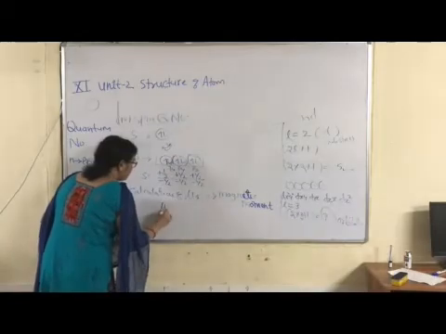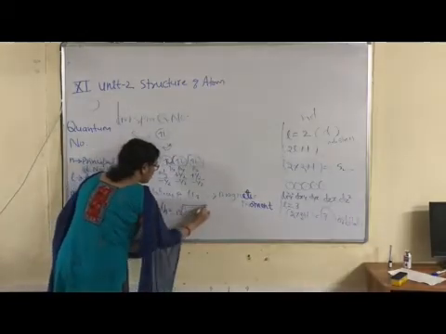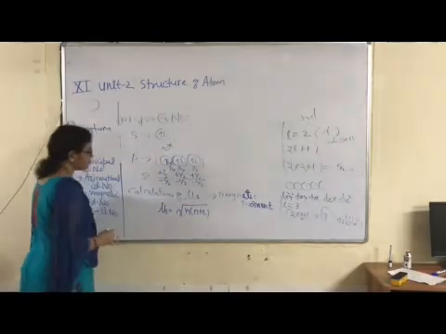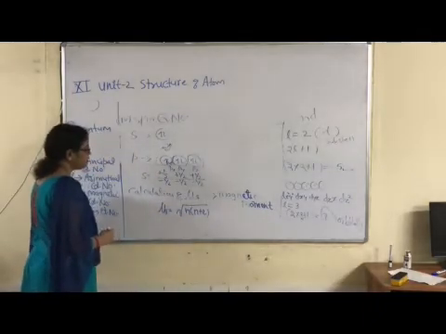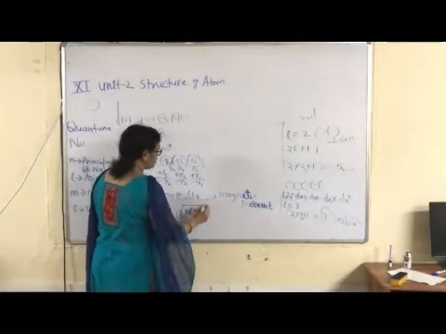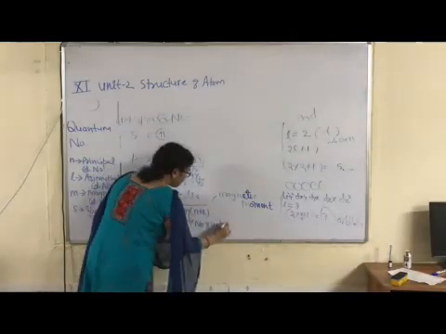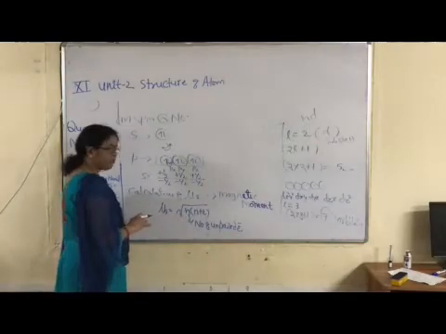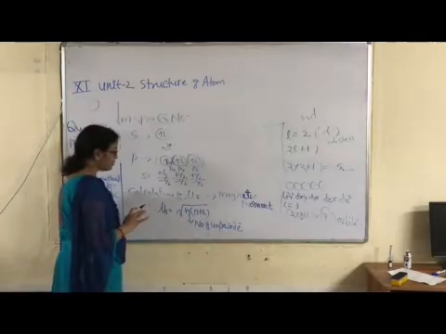What is mu s? Mu s is equal to root of n into n plus 2, right? And here n denotes number of unpaired electrons. This formula is given only for calculation of paramagnetism.